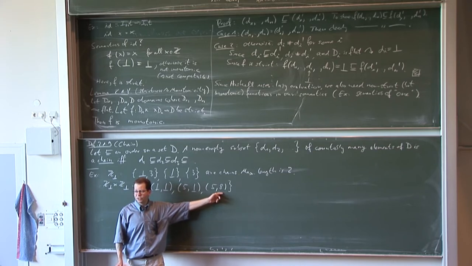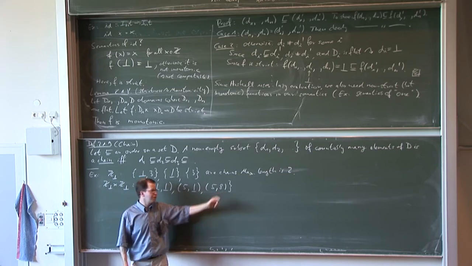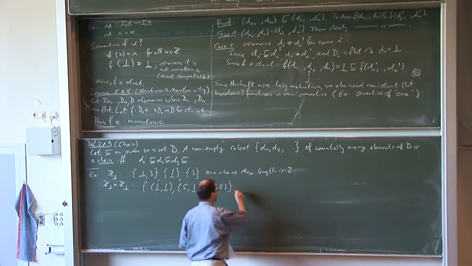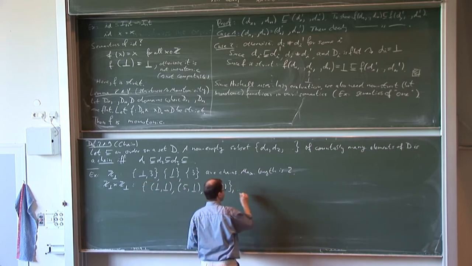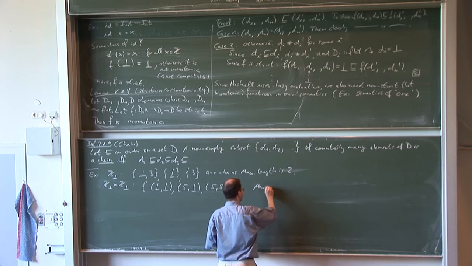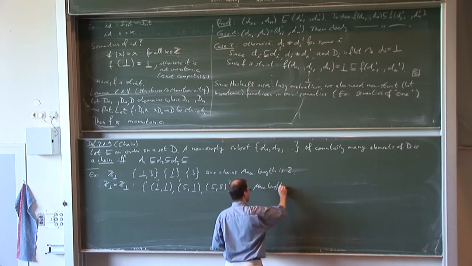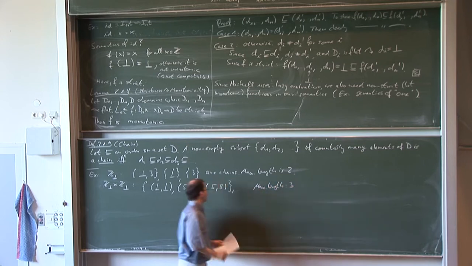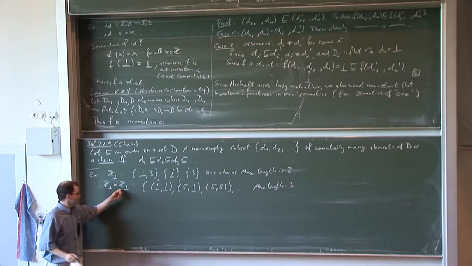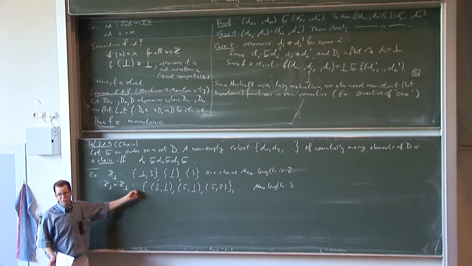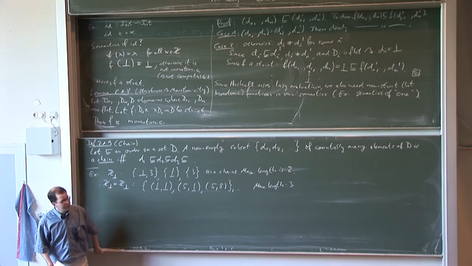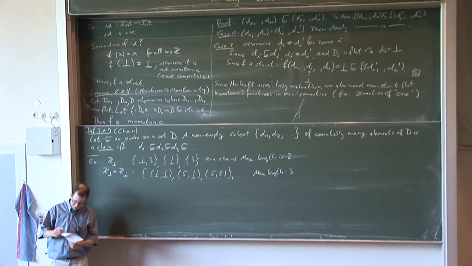But again, chains are finite and maximal length is 3. So there are many other examples. And the maximal length is 3. And if you have Z bottom cross Z bottom cross Z bottom, you can of course also have chains of length 4. But again, finite chains only.